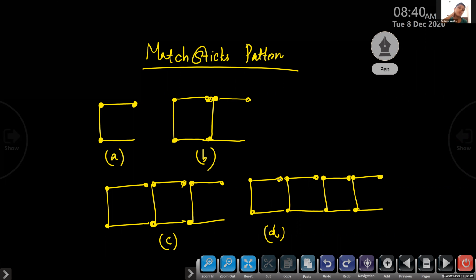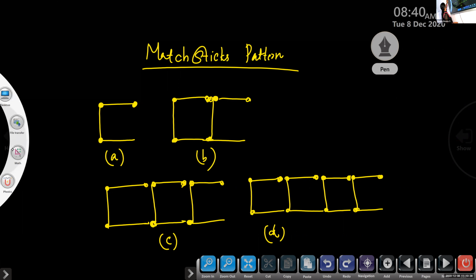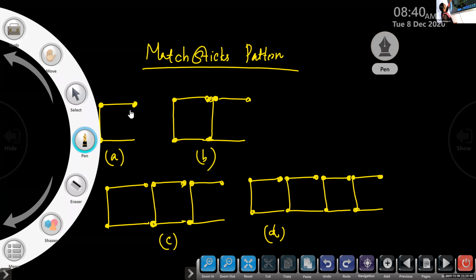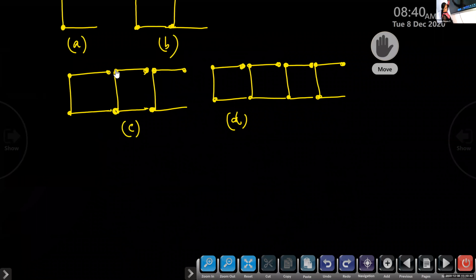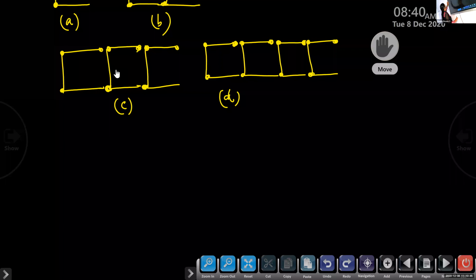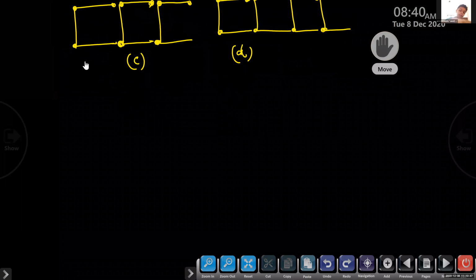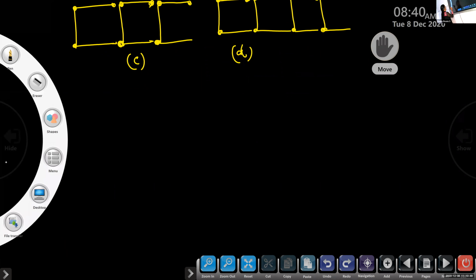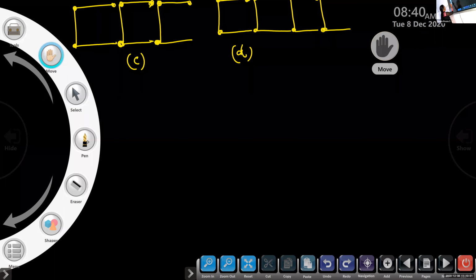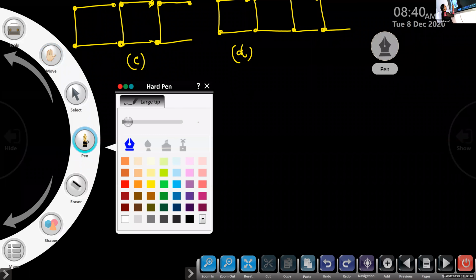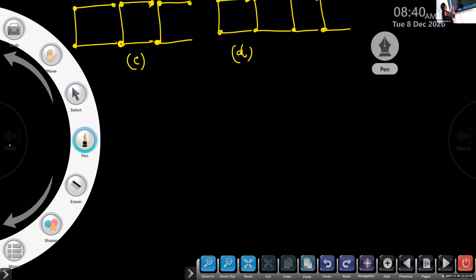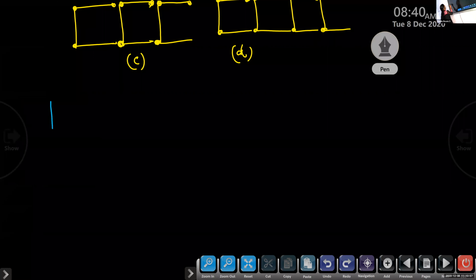So now we will draw the table, and then we will derive the rule.